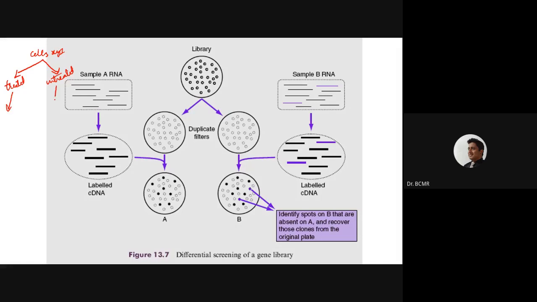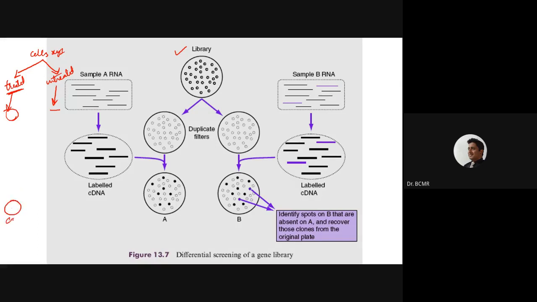Then they take RNA from both and perform a similar differential screening assay. They will try to find out which specific genes are expressed only because of the treatment, and then they know how the compound is likely to work.